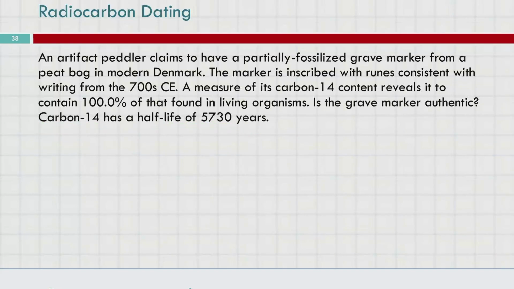Carbon-14 has a half-life of 5,730 years. So the beginning part here is just flavor text. The important parts are the runes are consistent with the 700s CE, so about 1,300 years ago, and it contains 100% of the amount found in living organisms.